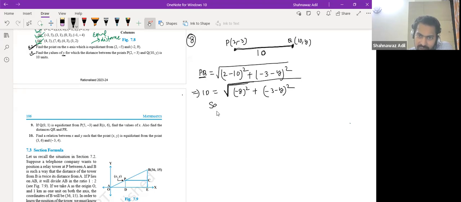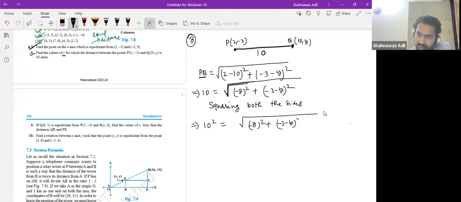So we can square both sides, right? So in this way we can remove this root. This is 10 square, and this is the square of the root. If we square the root, the root is cancelled. So this is 100 and then minus 8 square, and then minus 3 minus y square. So root is cancelled, right? Is this clear?